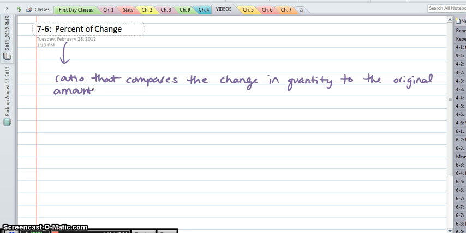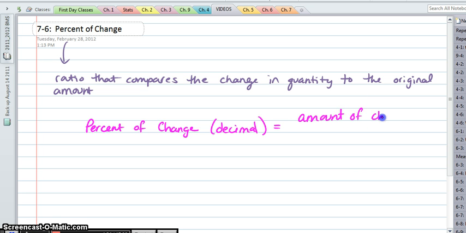Well, let's explore that. So, to find the percent of change, initially you will be working with a decimal that you need to convert into a percent. You're writing a ratio that shows the change compared to the original amount.